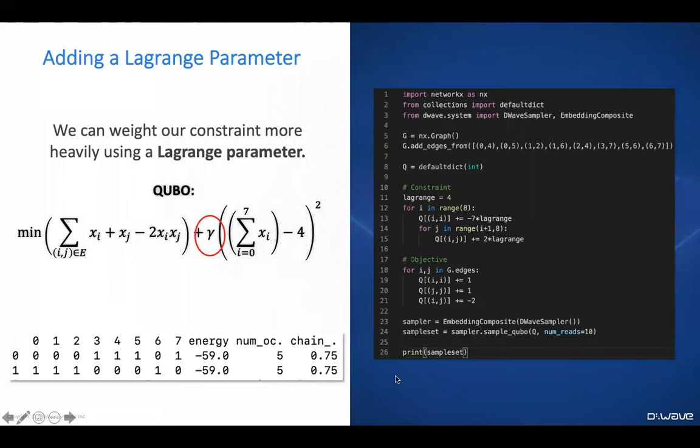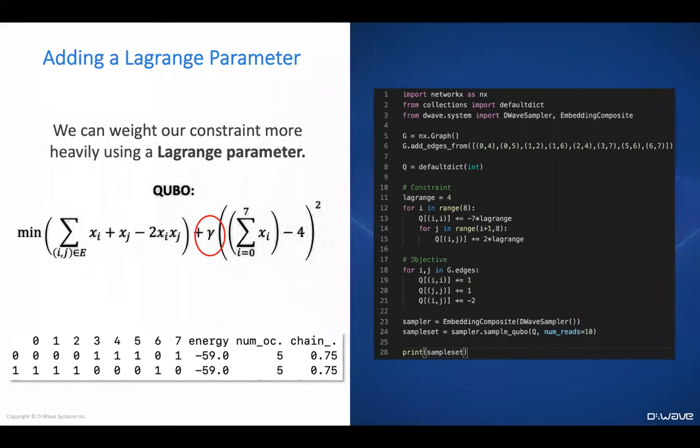And so notice what I did on the right. On line 11, I set Lagrange to 4, just guessing. And then I changed the equation so that now it's 7 times Lagrange, and minus 7 times Lagrange, and 2 times Lagrange. And notice that on line 17 and forward there, I do not put the Lagrange on that one because those are the objective.